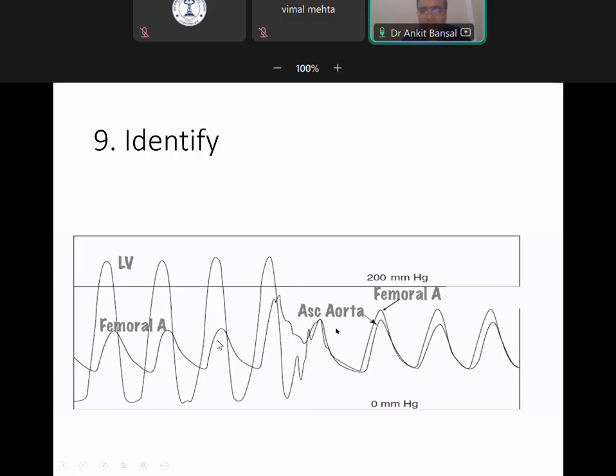As soon as the LV catheter is pulled from the LV into the aorta, with the femoral catheter remaining the same, there is an increase in the femoral artery pressures. So why are the femoral artery pressures increasing? I have explained the trace to you.